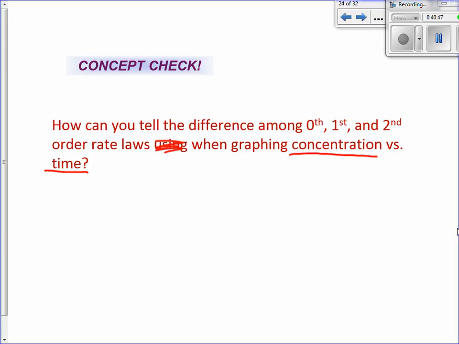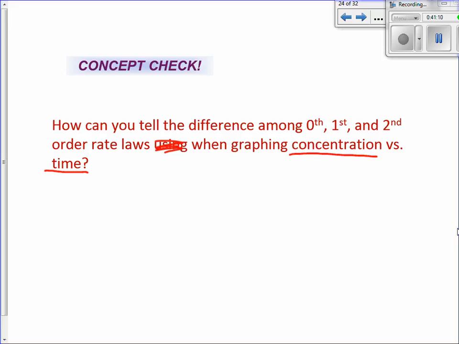Okay, once again, we're talking about just concentration. We're not doing natural log or inverse. It's not the rate one. Only the one that's just concentration.